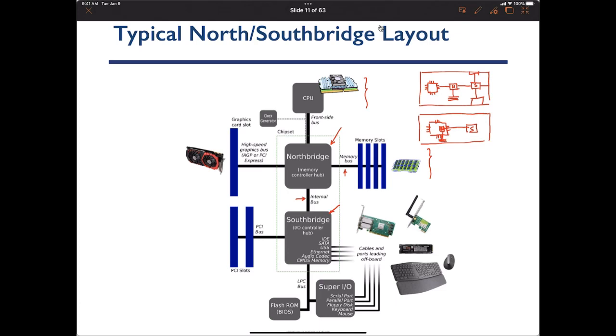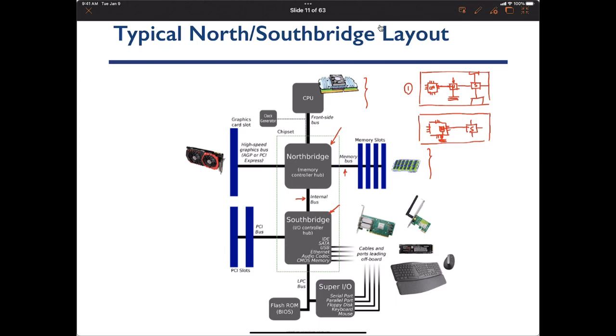Here you would connect your memory slots to the CPU, and all the I/O devices would be connected to the South Bridge. This was revolutionary in terms of performance because in the first design, going from CPU to memory would require off-chip traffic. You have to go outside the CPU chip to get into the memory, and this usually introduces a lot of performance overhead.